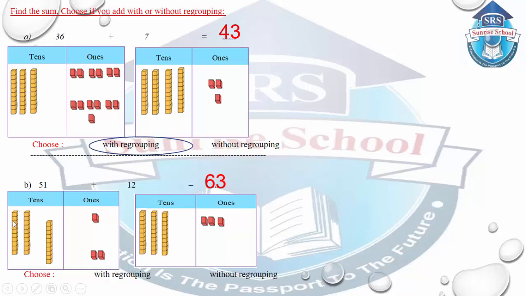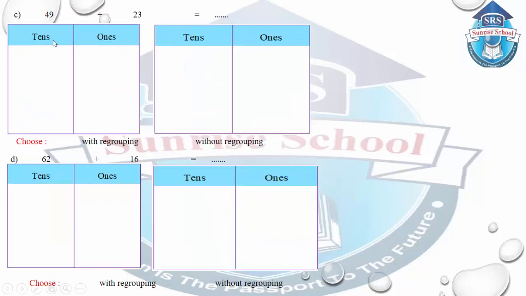And here, number 12: another ten, and 2. So the whole number will be 63. Here, regrouping or without regrouping? Yes, without regrouping, because we didn't make a 10. Okay, let's take another one.